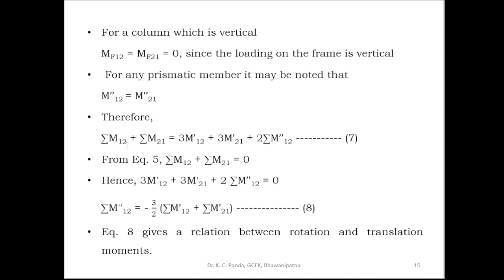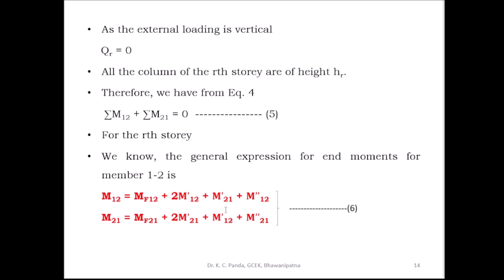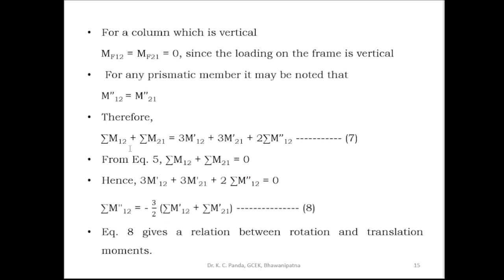Therefore, the summation of M12 plus summation of M21: taking the sum of these two, we get 2M'12 plus M'12, which is 3M'12, and 2M'21 plus M'21, which is 3M'21, and the M''12 and M''21 are equal, so twice M''12. Summation of M12 plus summation of M21 is equal to 3M'12 plus 3M'21 plus 2 summation of M''12.